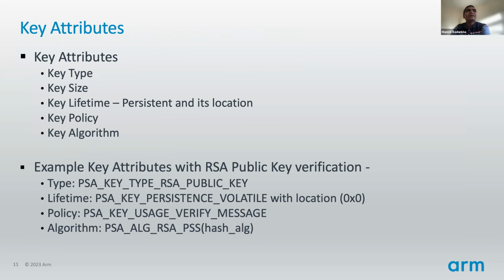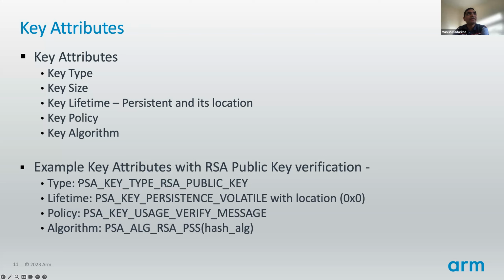So coming back to the key attributes, there are various key attributes, and as I mentioned in the previous slide, we want to set the key type, key size, key lifetime, the key policies, and the key algorithm. So what are these fields?